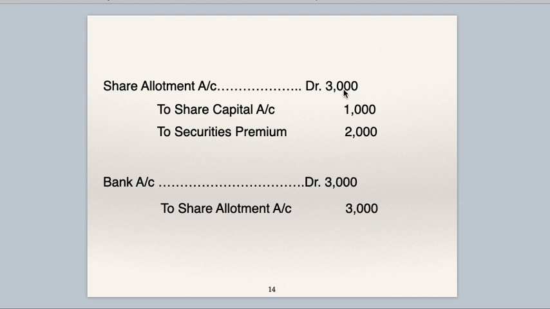Share allotment account debit 3,000, 500 into 6 to share capital, 500 into 2 to securities premium account, 500 into 4.